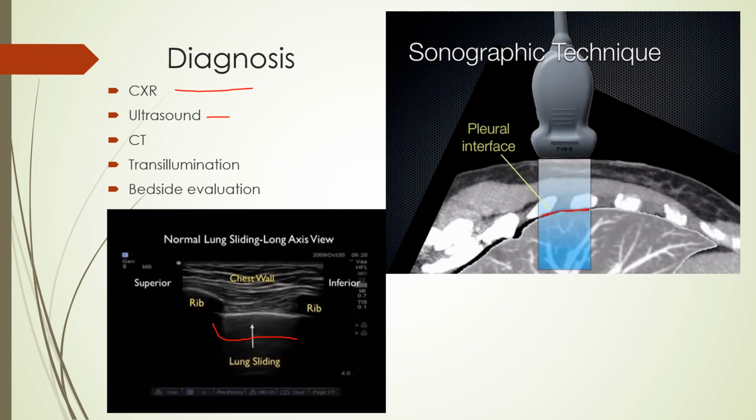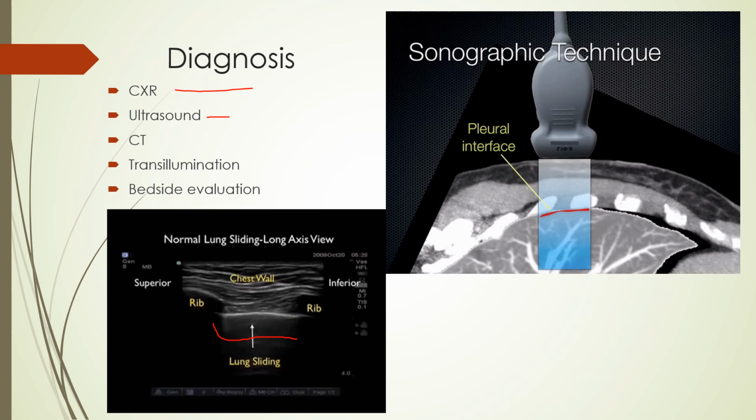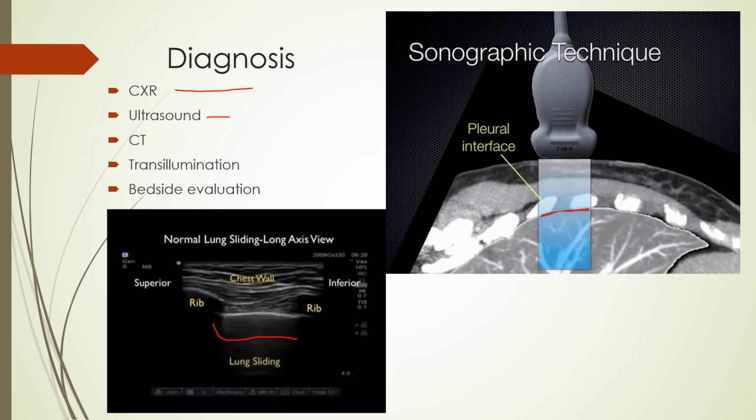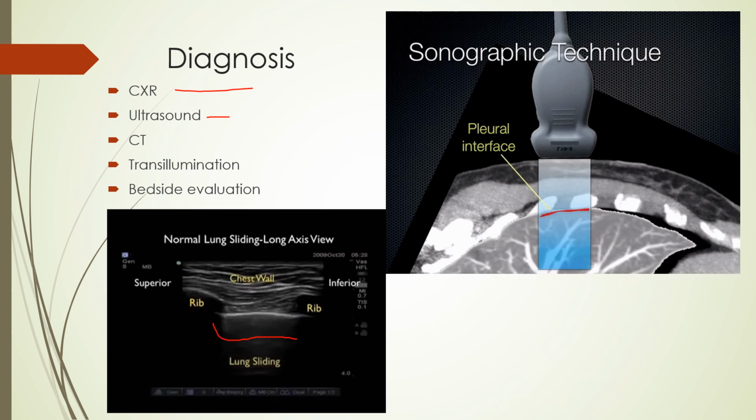It's almost like the tail of a comet, right? Like if you're looking in the sky and you see a comet, you see a tail to it, right? You see that going on. That's a sign that there's lung tissue moving. Right, you can see it moving back and forth. So that's a good sign. That means the lungs are expanding and collapsing, like the lungs are moving up and down. There's not a pneumothorax. They're functioning as normal.